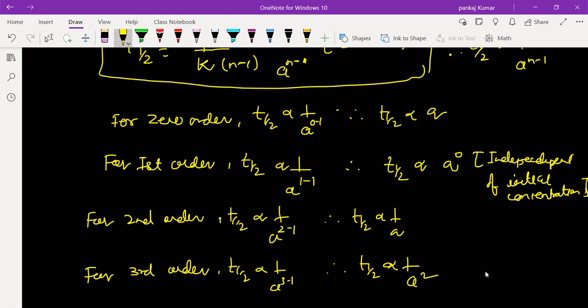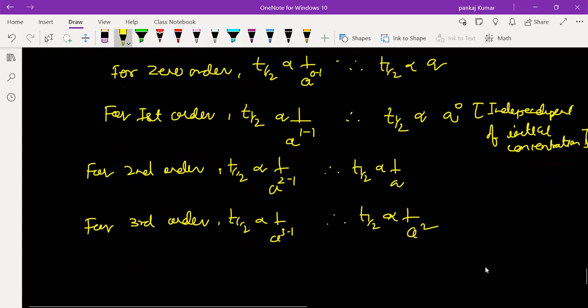So we'll go for the experimental determination of the order of the reaction. There are so many ways to find the order of reaction.